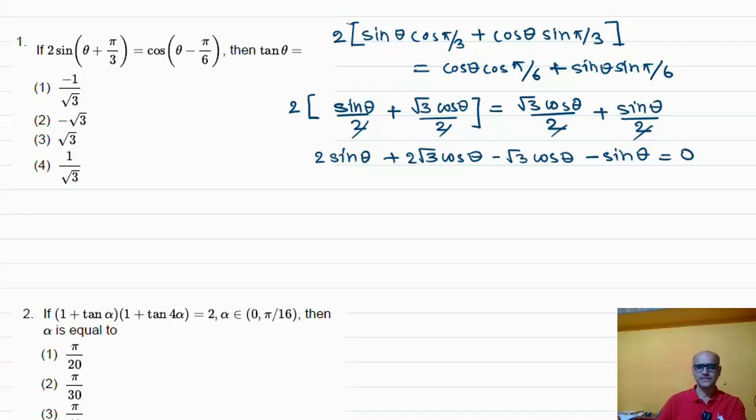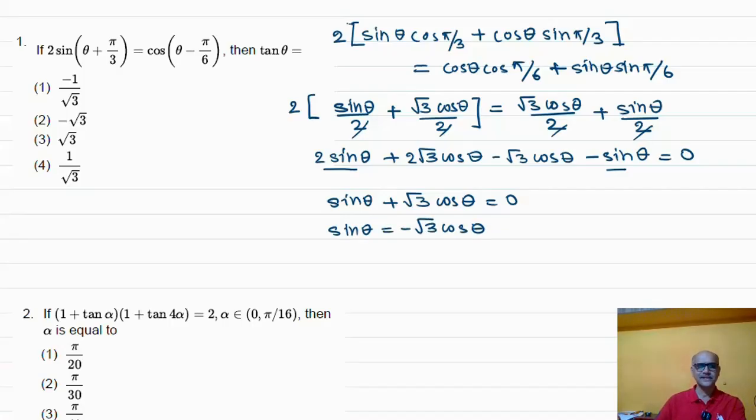Another 2 steps and you will have the answer. 2 sin theta minus sin theta will be sin theta. Then 2 root 3 cos theta minus root 3 cos theta will be plus root 3 cos theta is equal to 0. So take root 3 cos theta to the RHS: sin theta is equal to minus root 3 cos theta.